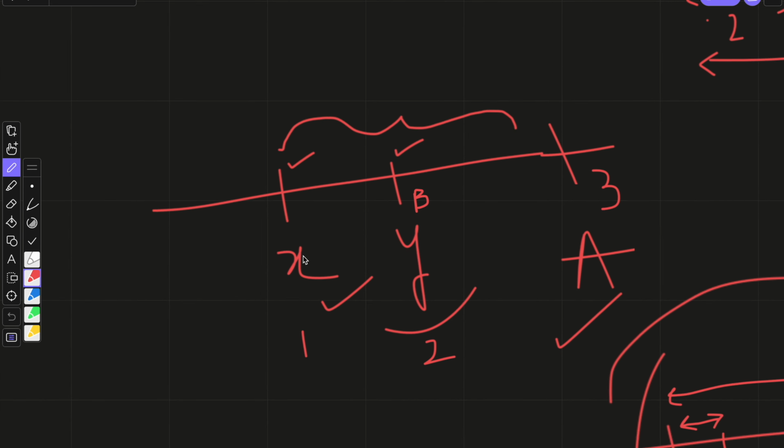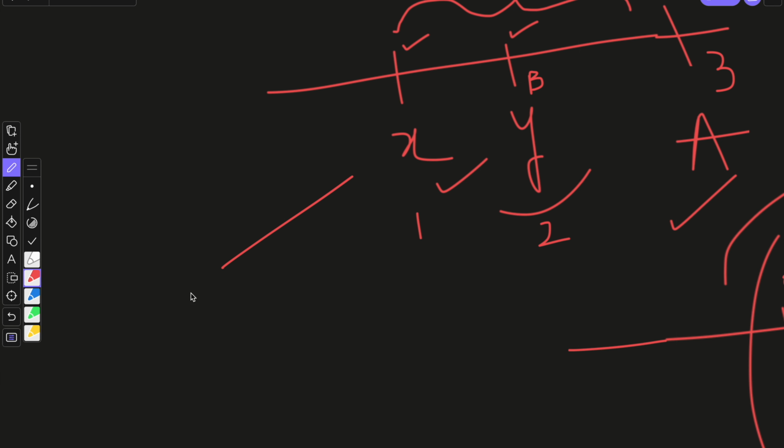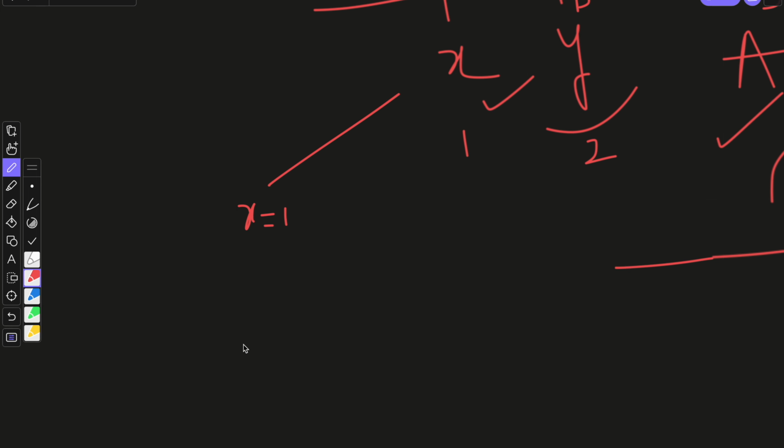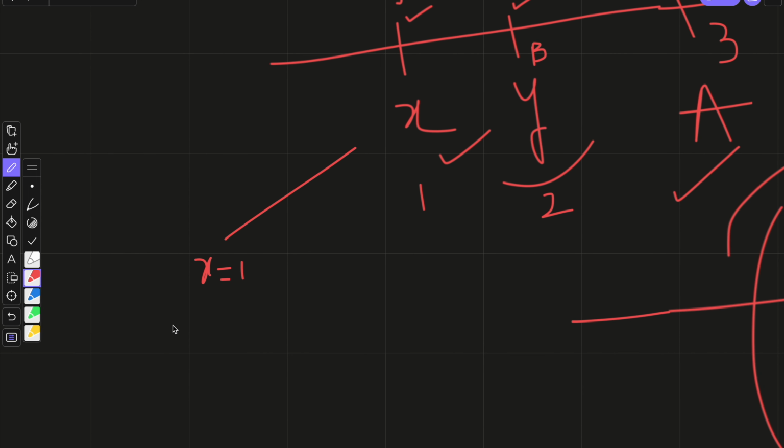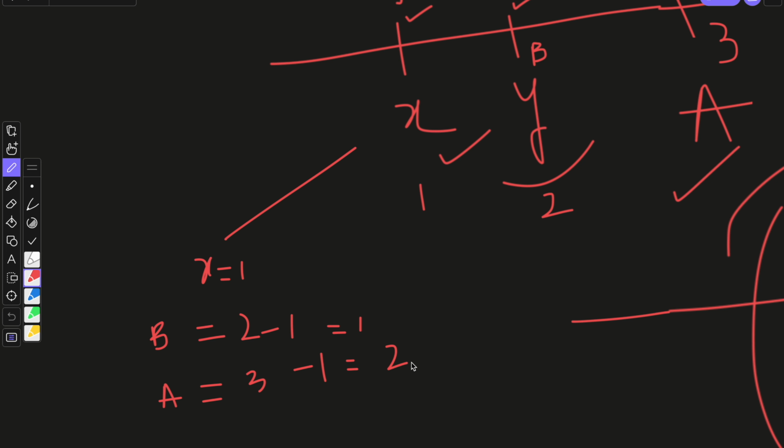So in the case when price falls at x, then the distance of Bob is going to be 2 minus 1, while the distance of Alice is going to be 3 minus 1. It's 1 and it is 2.